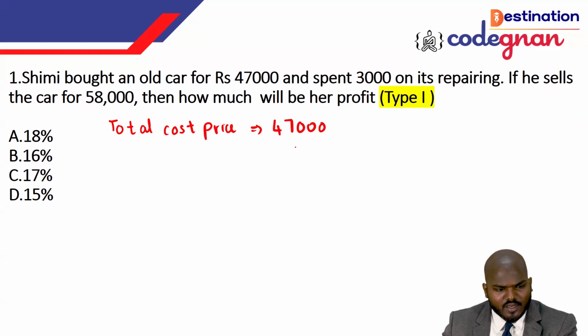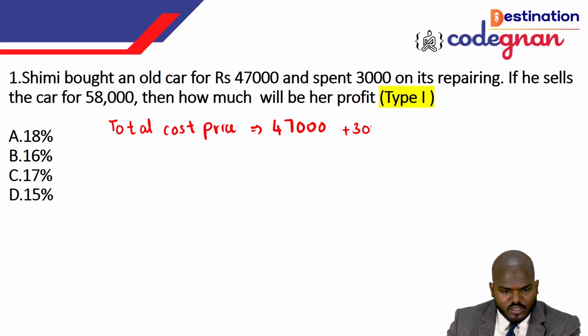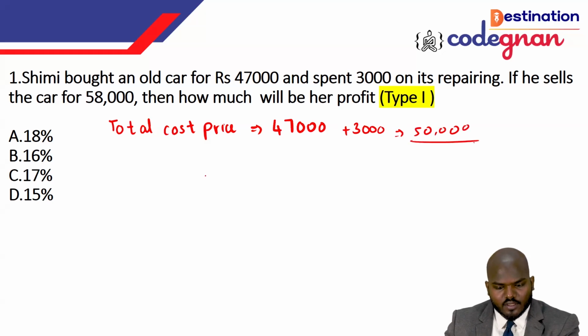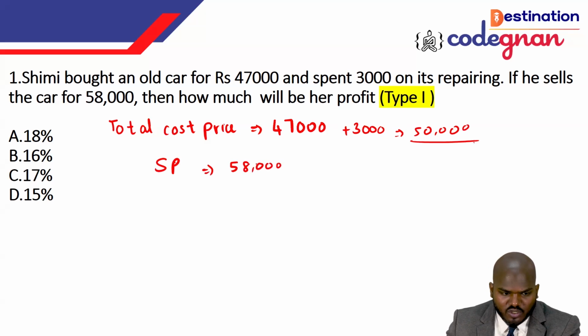She spent 47,000 rupees to buy an old car, and she spent 3,000 rupees extra for repairing. So in total she spent 50,000 rupees to get the car in working condition. Now she is selling the car for 58,000 rupees.